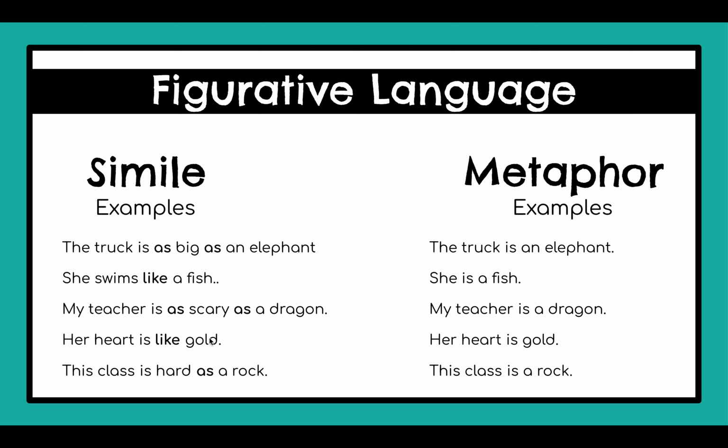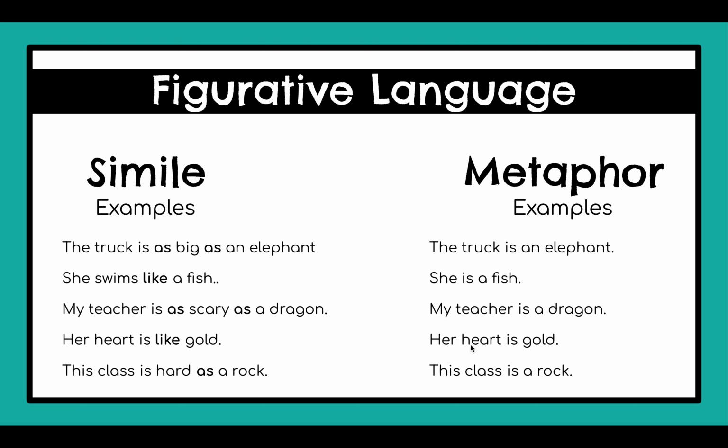Her heart is like gold. I see the word like, and I'm comparing her heart to gold. What do we know about gold? Gold is precious. It's an amazing metal. So pretty much what this is saying is that she has a heart that is so precious, so sweet.